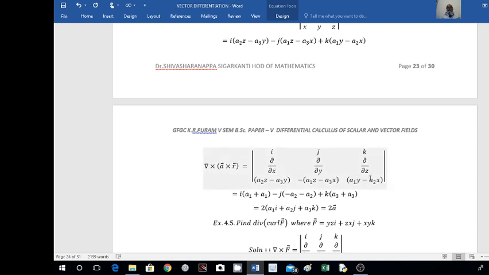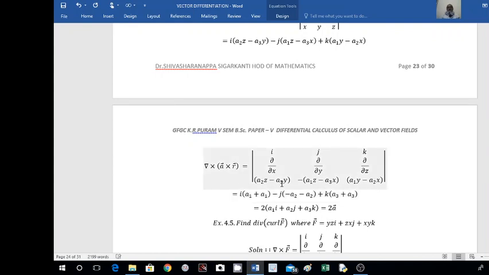So the partial derivative of this is equal to minus A2, minus ∂/∂z of this. Differentiating this partially with respect to z, we get A2 here, that is minus A2. Plus k into ∂/∂x of this. So derivative of this is equal to 0, derivative of this is minus of minus, plus A3.